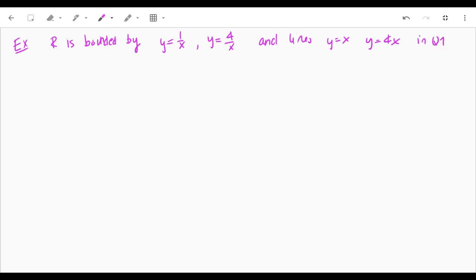Let's see. Now we have R is bounded by the hyperbolas y equals 1 over x, y equals 4 over x, and lines y equals x and y equals 4x in the first quadrant.